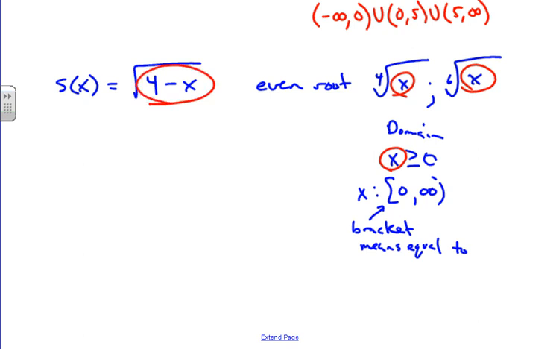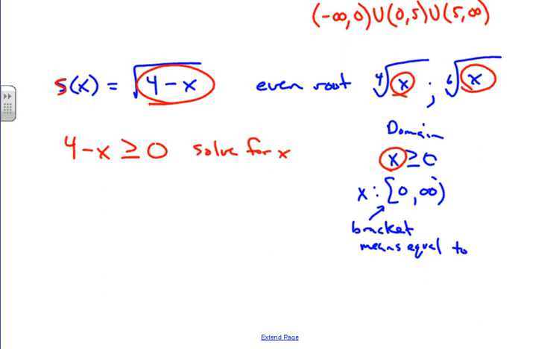So to find the domain of this function s, we're going to create an inequality expression. We take the inside and make an inequality, knowing that 4 minus x has to be greater than or equal to 0. Now we solve for x.